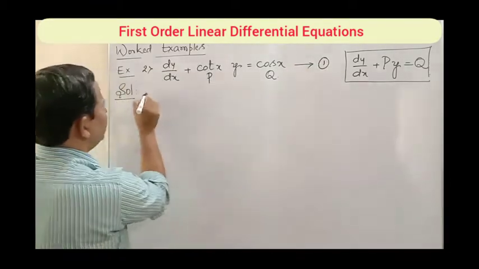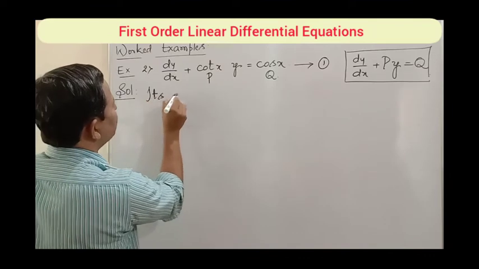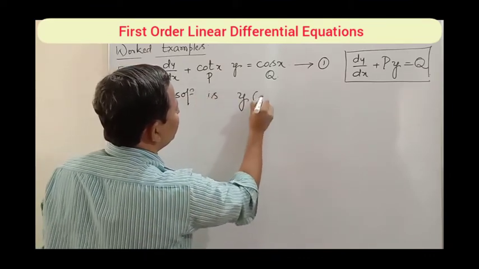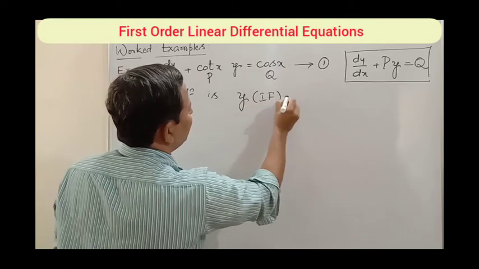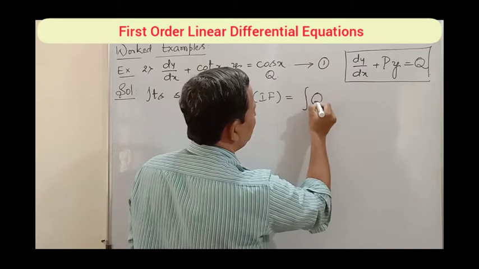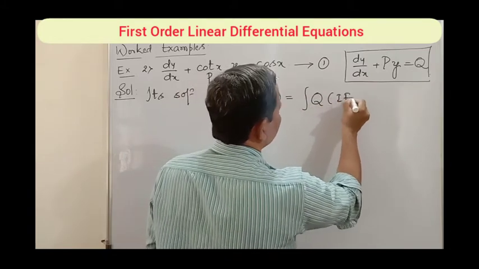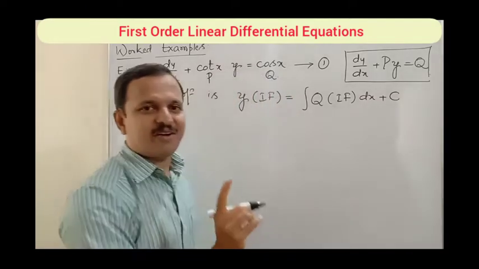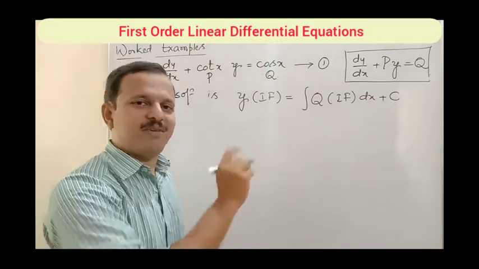Its solution is, we know, y into integrating factor equals integration of Q into integrating factor with respect to x plus c. This is the standard formula which we have derived in the previous section.